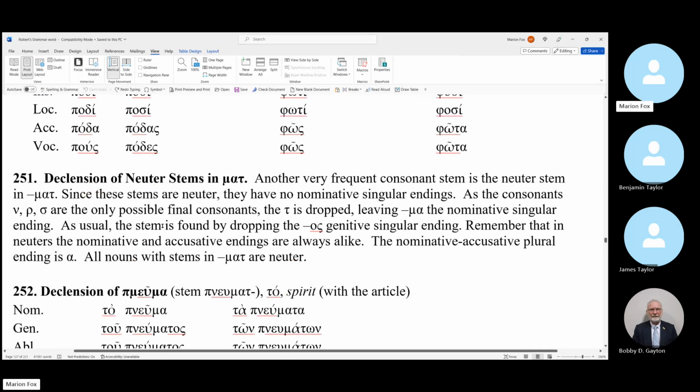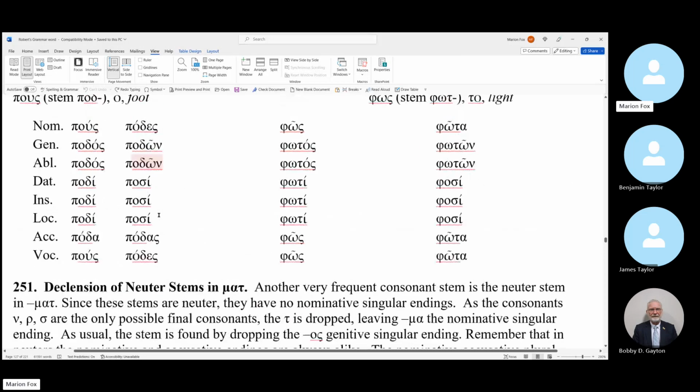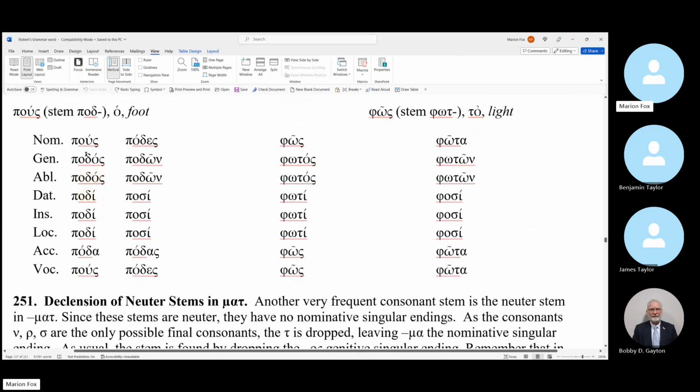As usual, the stem is found by dropping the os genitive singular ending. So you drop the os like you do right here, and there's your stem, pau, omicron, delta. That's your stem up here.